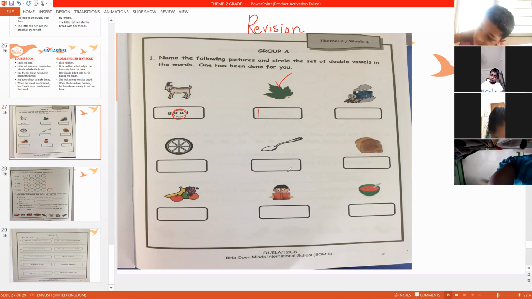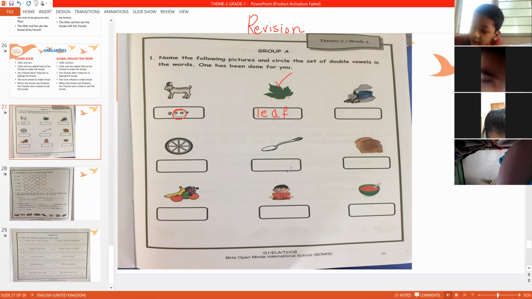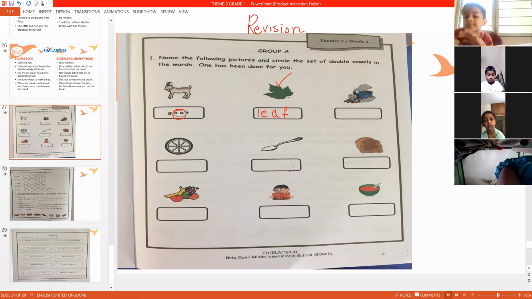So let us write it here. Leaf. And can you tell me what are the vowels in this word? Very good. E and A are the vowels. So let us circle them. Two vowels are together. So that is called a double vowel word.